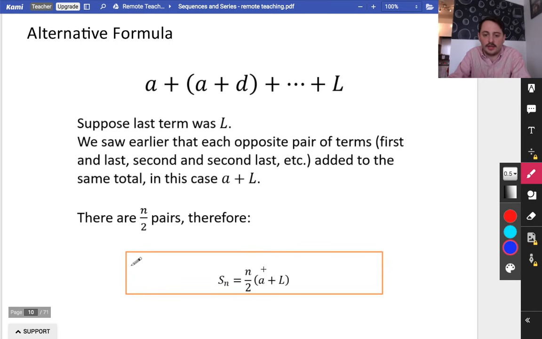So in other words, it is the first plus the last. You multiply it by how many pairs there would have been, and then you divide it by 2. Okay? Same as the previous idea, but we can use this if we know what the first one is and we know what the last one is. It can save us some time doing all of that substitution.